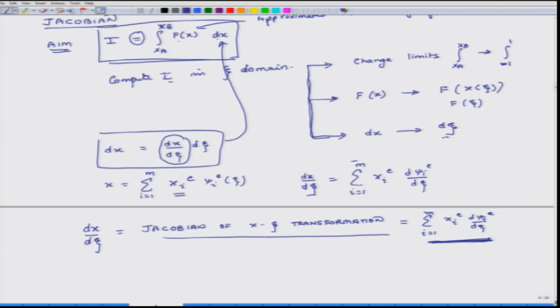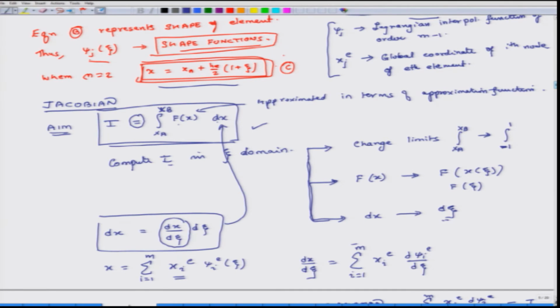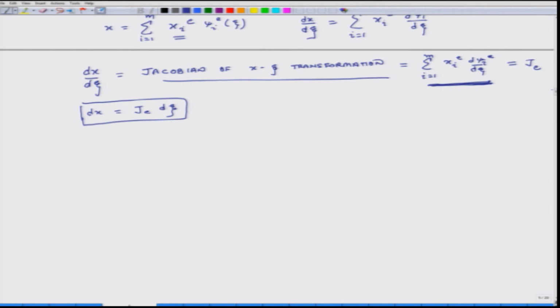So, it is important to understand this. Here in this class we will write it as j, and because it is for the eth element we can also call it j subscript e. So, dx is equal to je times d zeta. So, our original goal is to do this integration. So, now instead of dx I will plug in the value in terms of d zeta.